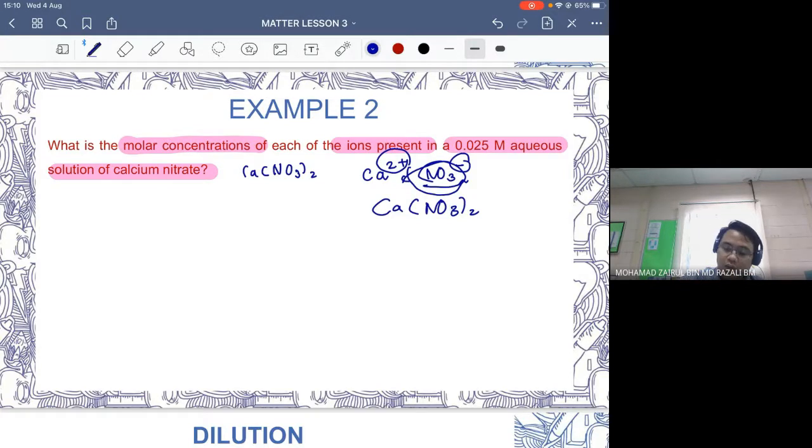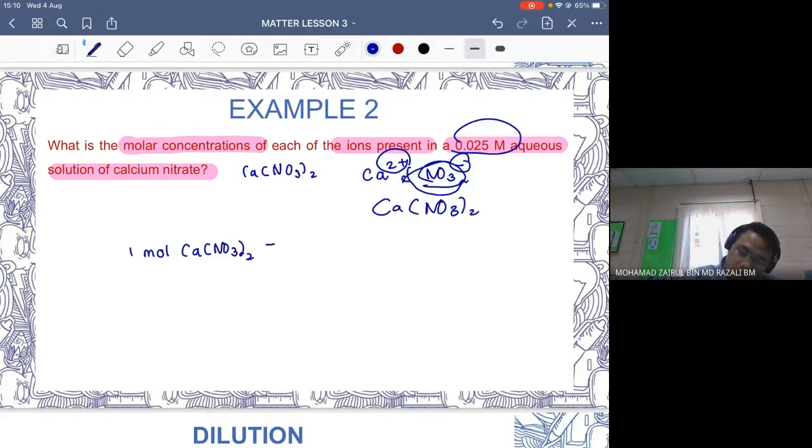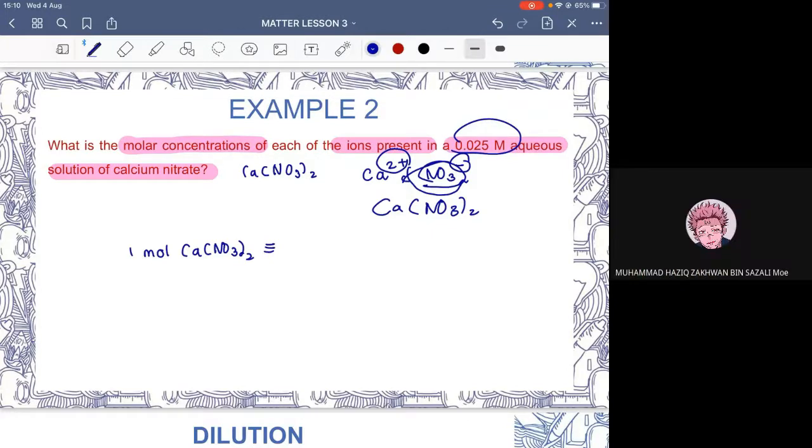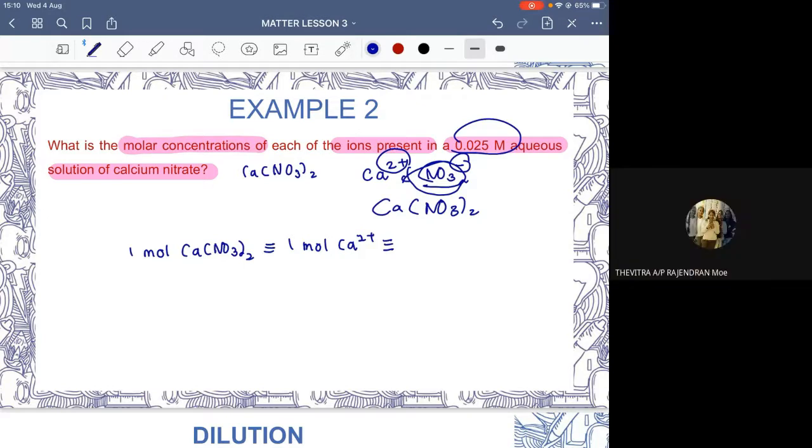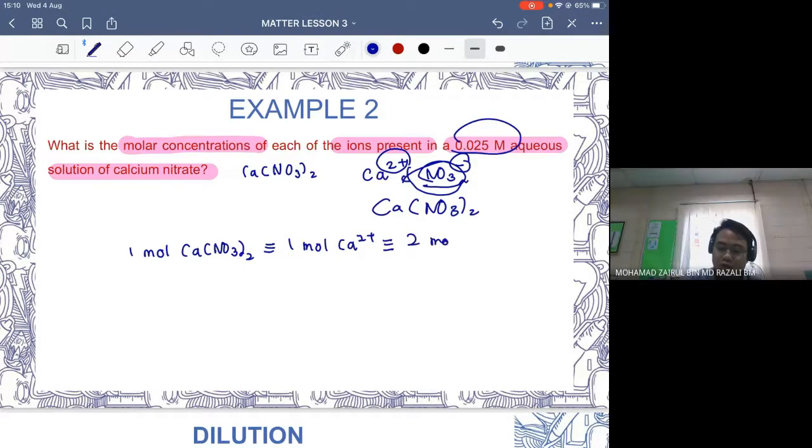Okay, we have 0.025 lah. Tapi kita kena start dengan standard. Standard kita adalah 1 mole. So 1 mole of Ca(NO3)2 is equivalent to how many mole of calcium ion? 1. So correct. So 1 mole of calcium ion and how many mole of nitrate ion? 2. 2 mole of nitrate ion.